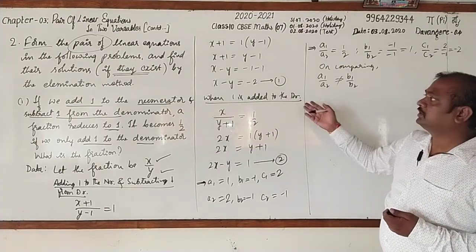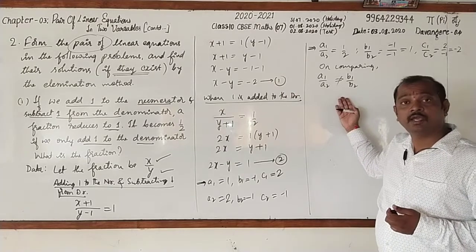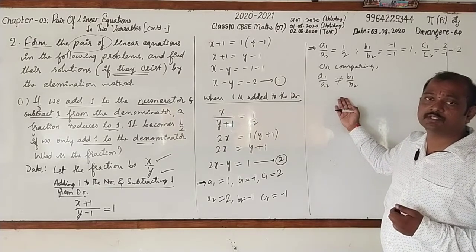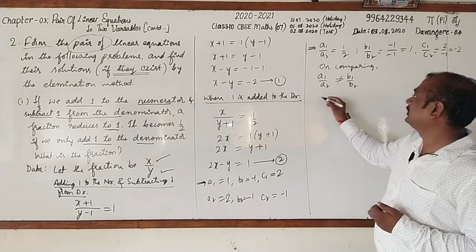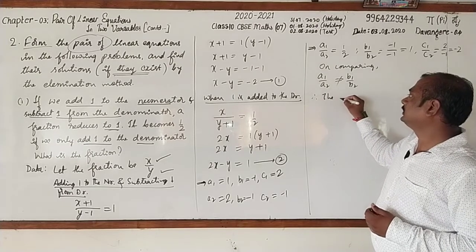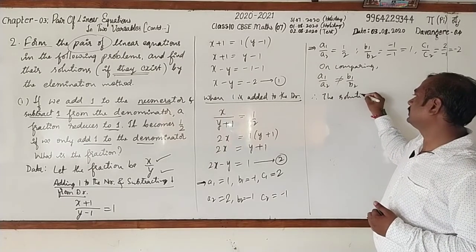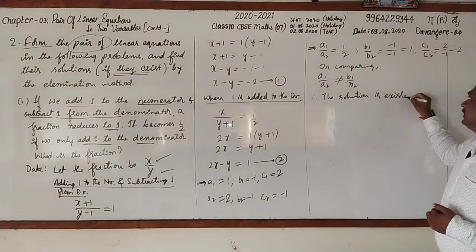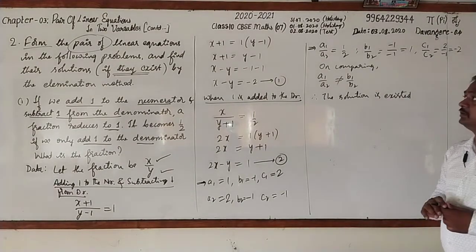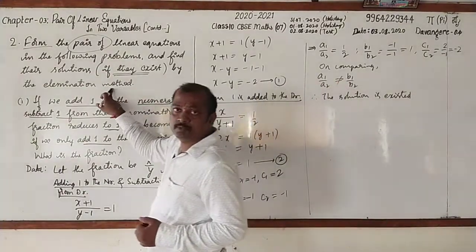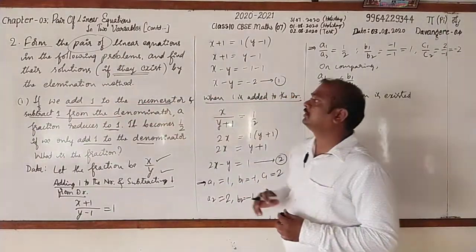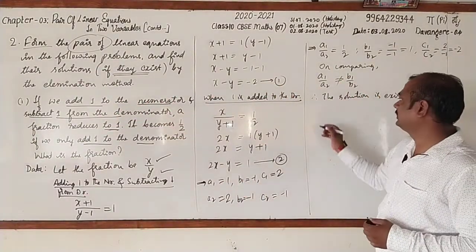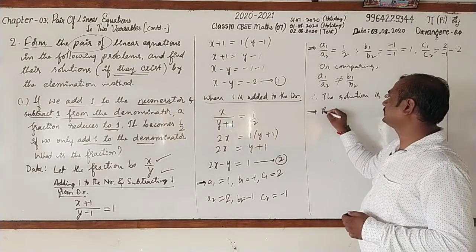Yes, because the given equations have a unique solution. So, the solution exists. If it exists, it should be solved by the elimination method. Let us go for the elimination method.